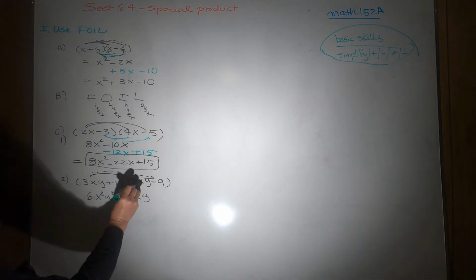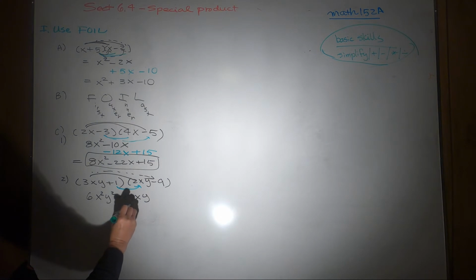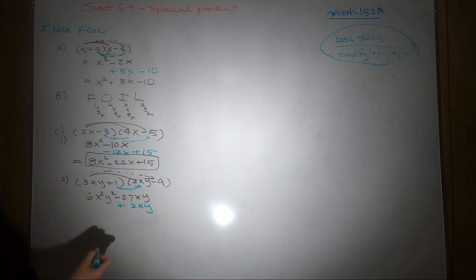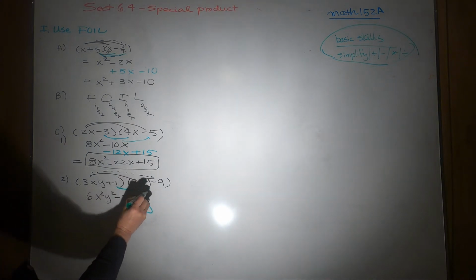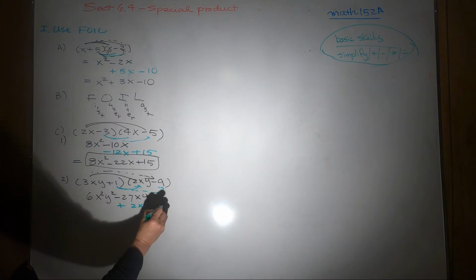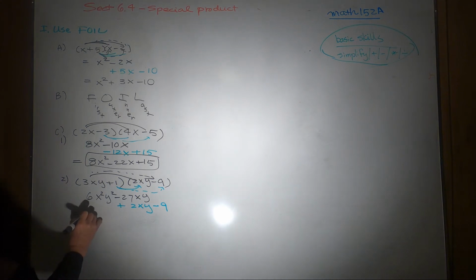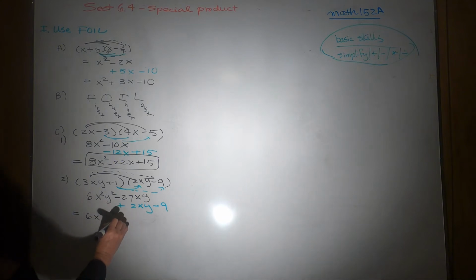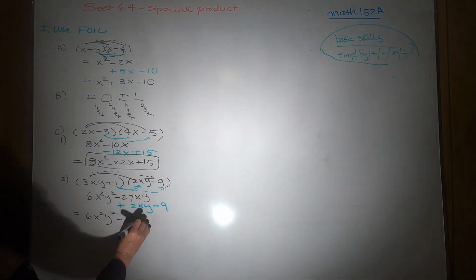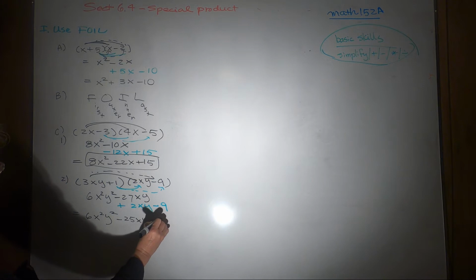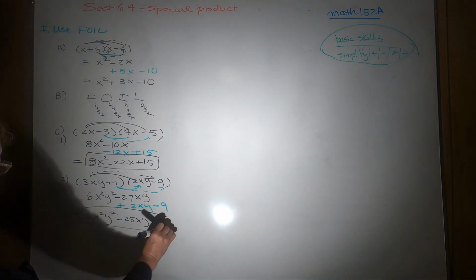The inner, 1 times 2xy, plus 2xy, right? Then last, 1 and 9 is -9. 4 terms. Then we combine like terms. That would be 6x squared y squared minus 25xy minus 9. Right?